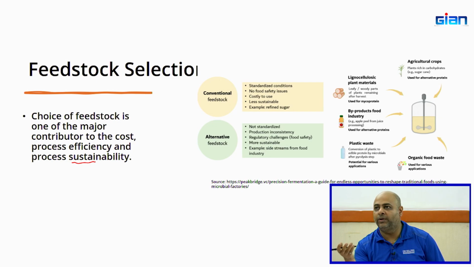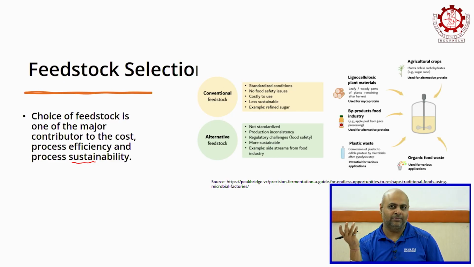So that's where food waste becomes a major source. It is an amazing source that can be used, but do you think food waste is a sustainable source? Just give me an answer, yes or no? If you say yes, that means you are okay producing more waste.